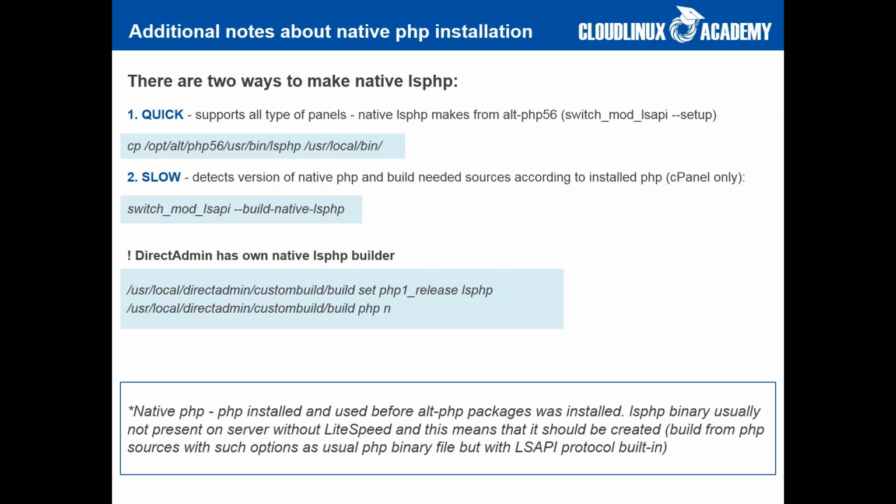It is recommended to run switch Mod LSAPI build native LSPHP on servers with cPanel and Easy Apache 3, as it detects the currently used version, takes needed config options and patches for modules, and then builds the LSPHP binary. DirectAdmin has its own native LSPHP builder, handled by custom build.